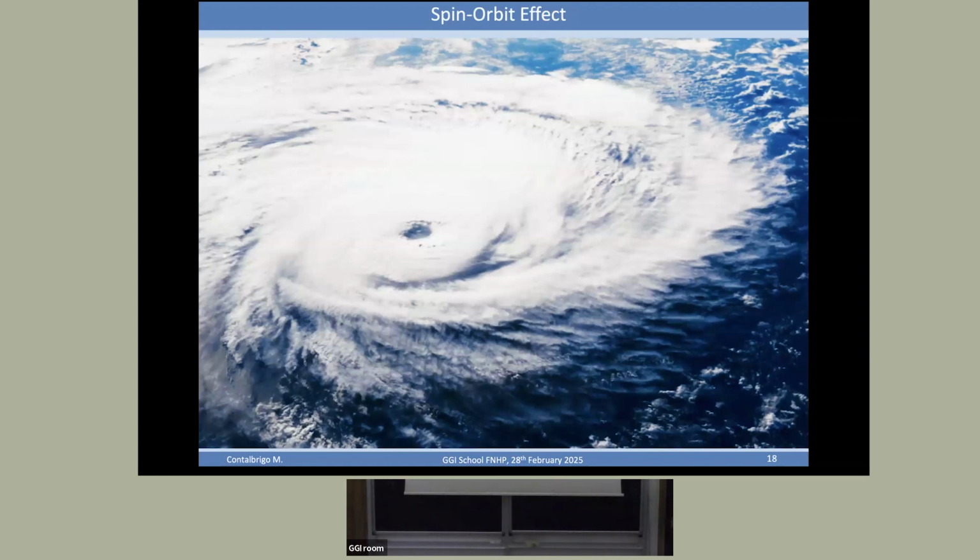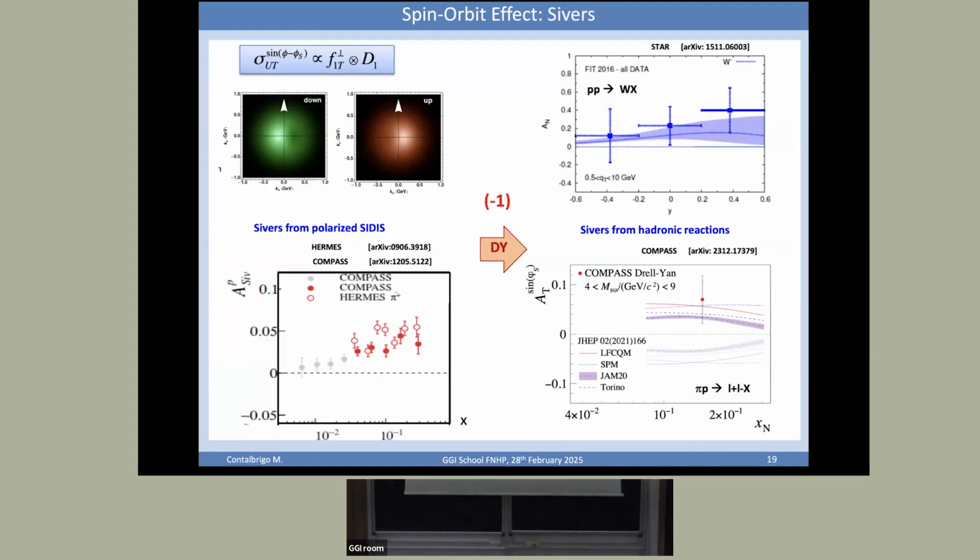Now, spin-orbit effects. We turn on the spin now, and you see that the distribution is not anymore isotropic. There is an asymmetry there. And this you may intuitively correlate to the fact that spin is related to the anomalous magnetic moment. Anomalous magnetic moment is correlated to currents, so to correlated movements of your partons within this confined object.